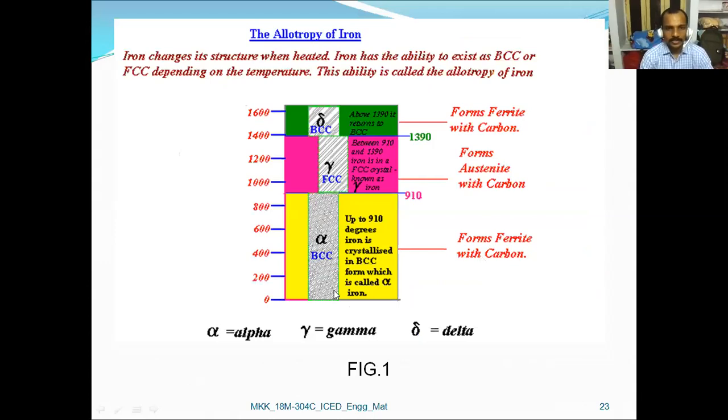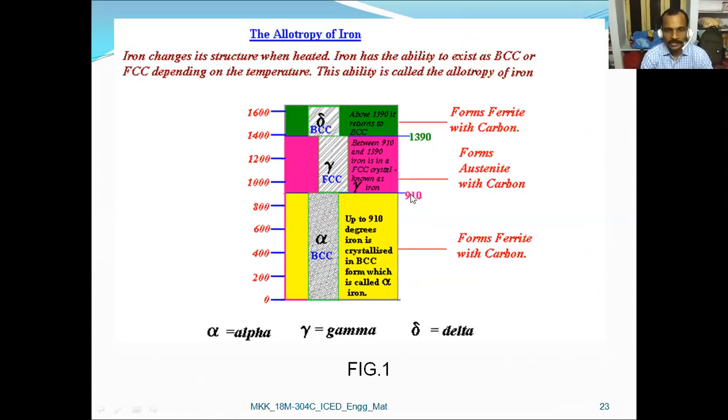Here we have discussed 0 to 1600 degrees centigrade. From 0 up to 910 degrees centigrade, iron is crystallized in BCC form known as alpha iron, which forms ferrite with carbon.